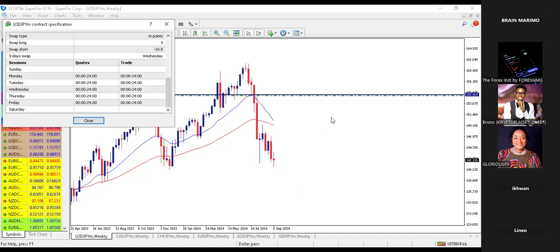And if I hold a buy position, even if it doesn't quite go into profit, I'm earning interest. Nevertheless, I'm being paid for that. So for the longest time, we've been buying USD JPY, CAD JPY, CHF JPY, all of these, and also earning interest out of them.